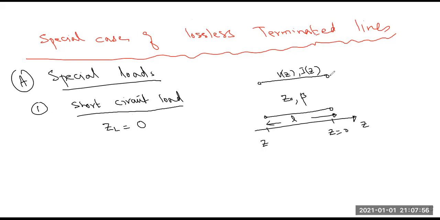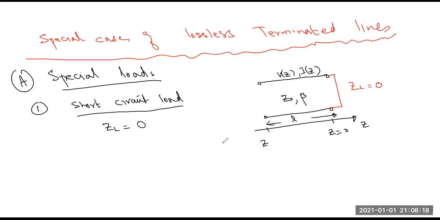Which means that you connect these two ends together directly. So ZL will be equal to 0. So you terminated a transmission line with a short circuit load. Now let's find out what will happen to the mathematical description of this circuit.